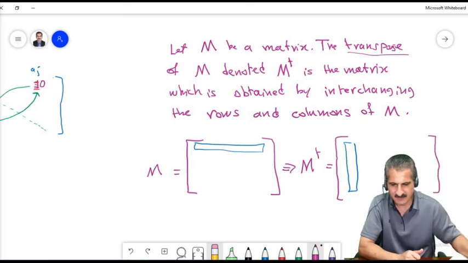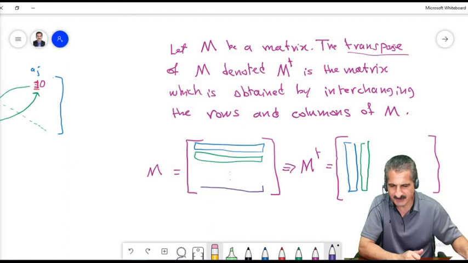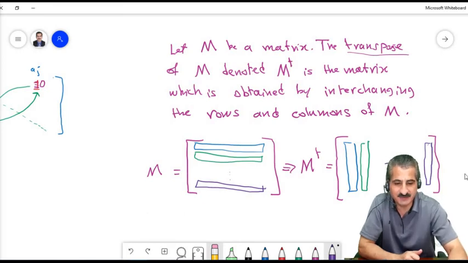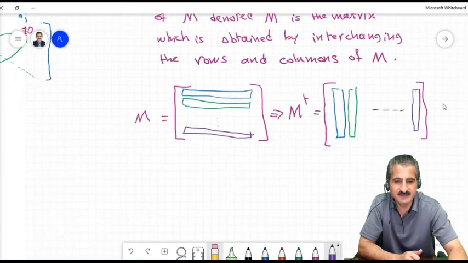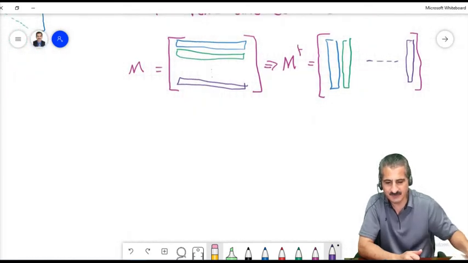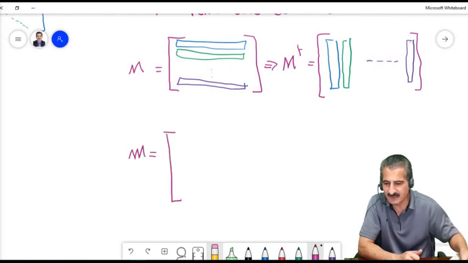Now we go to the second row and put it as the second column, and so on, till we reach the last row and put it as the last column. Actually, what we are doing, starting with the matrix and taking its transposition, is interchanging the places of elements according to their opposite places, according to the mirror.